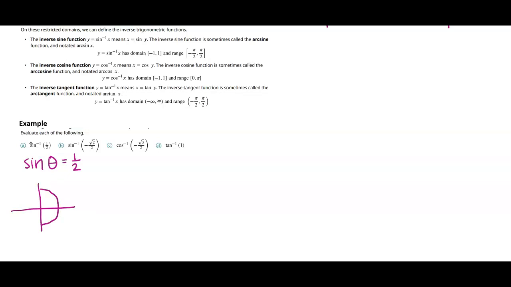All right, if sine is 1/2, then this must be square root of 3, meaning that theta must be pi over 6. All right, let's look at B. Sine of theta equal to negative root 2 over 2.